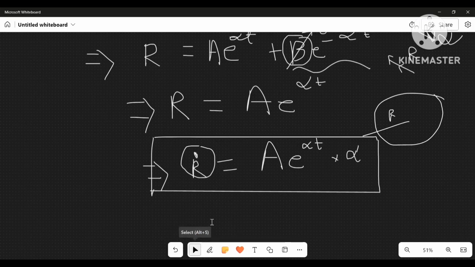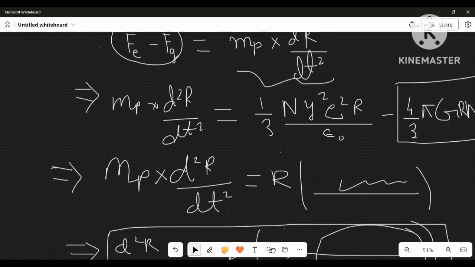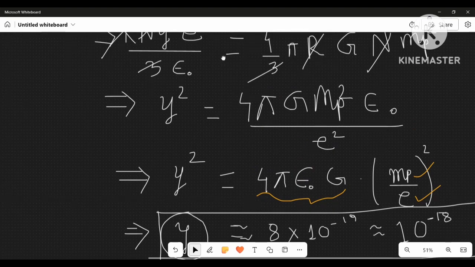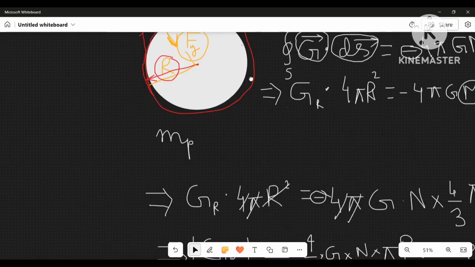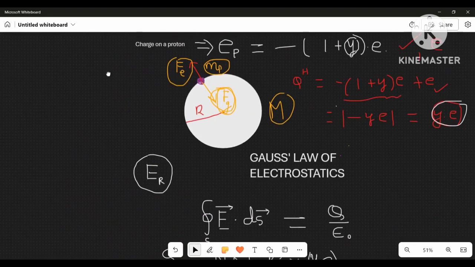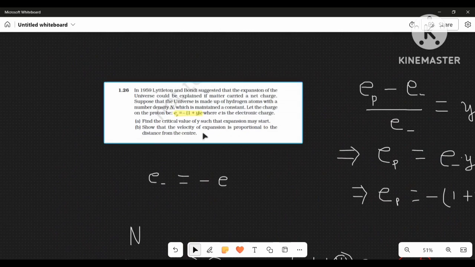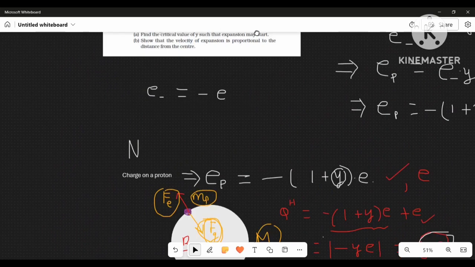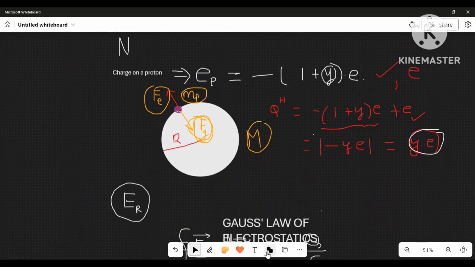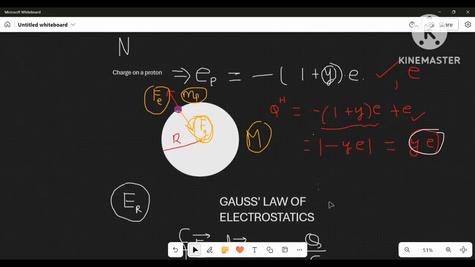So if we go back to the problem, show that the velocity of expansion is proportional to the distance from the center. Yes, it is definitely proportional to the distance from the center.